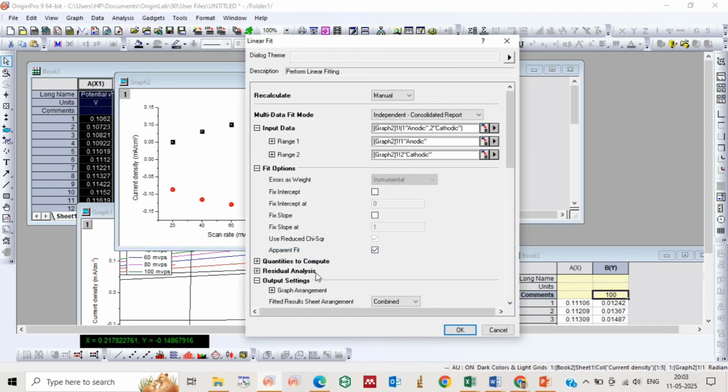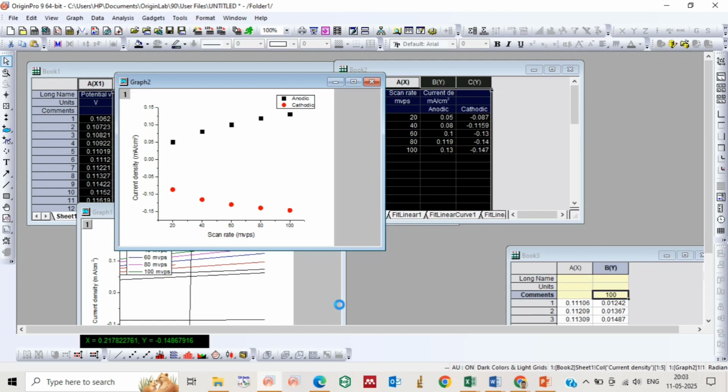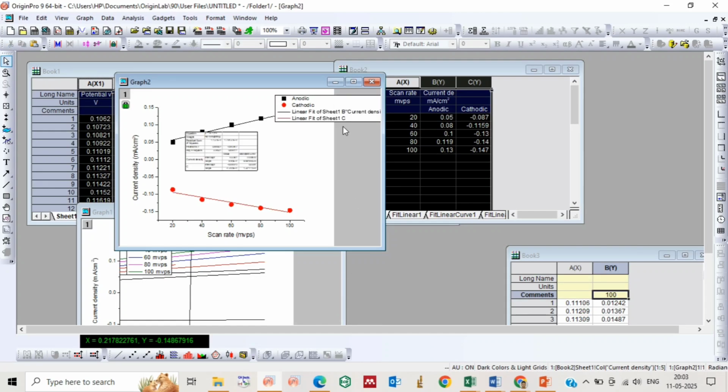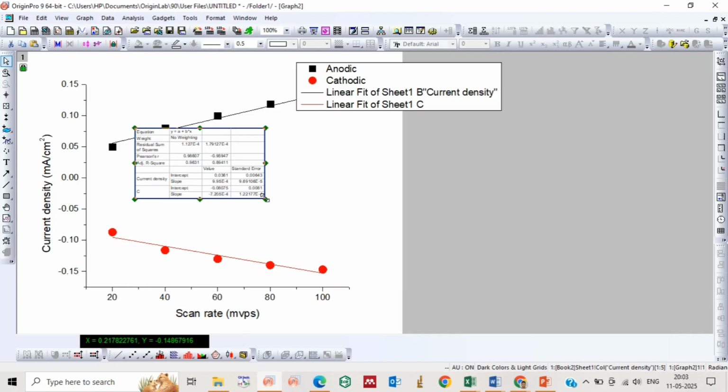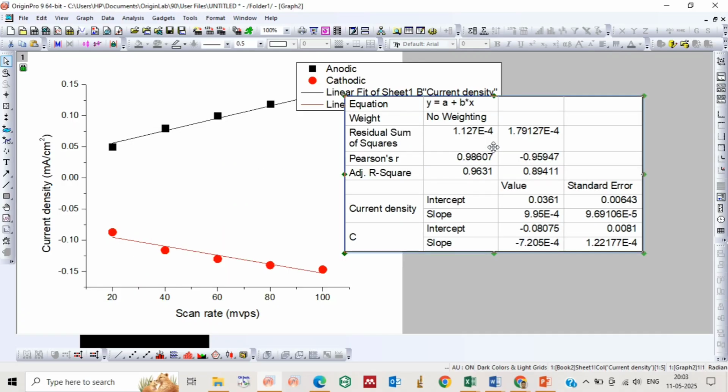Okay, now press OK. So you will get this table. Let me zoom in. So here you will get the slope value for both anodic and cathodic current density.